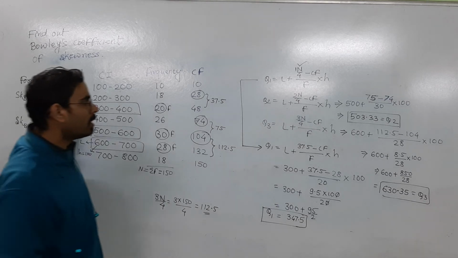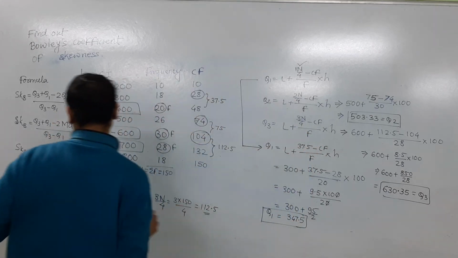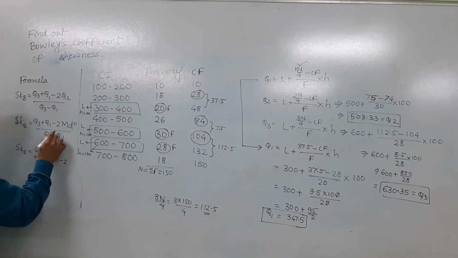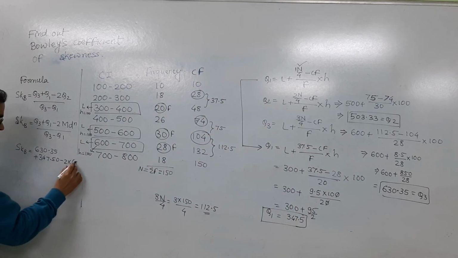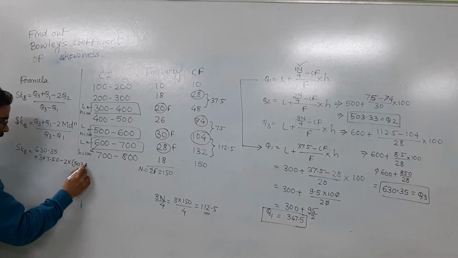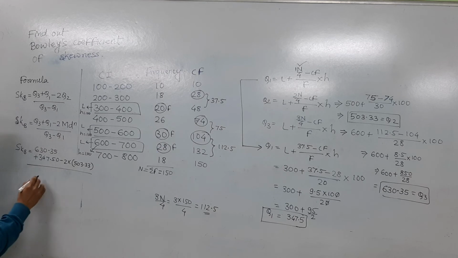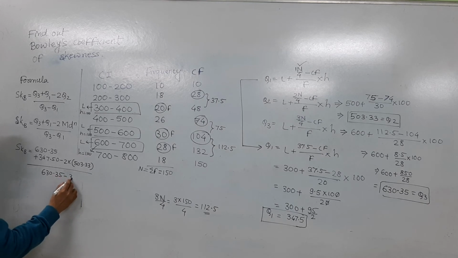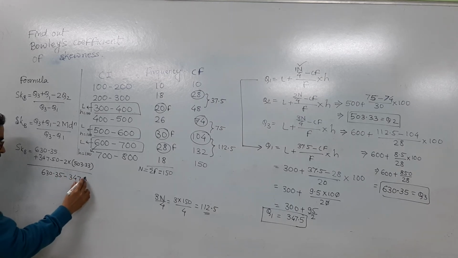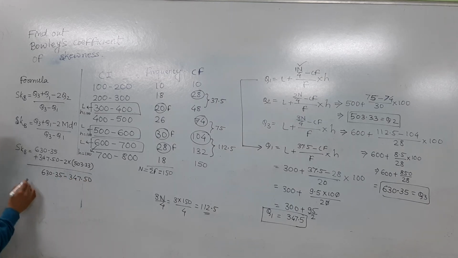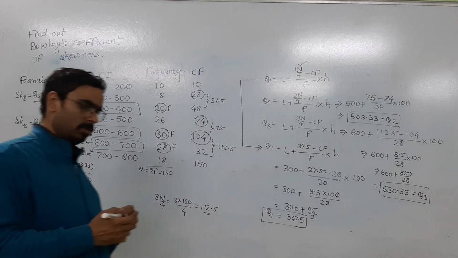Q2 is 503.33, 2 into 503.33, whole divided by Q3 minus Q1. So Q3, 630.35 minus 347.50. So we just have to calculate these values.